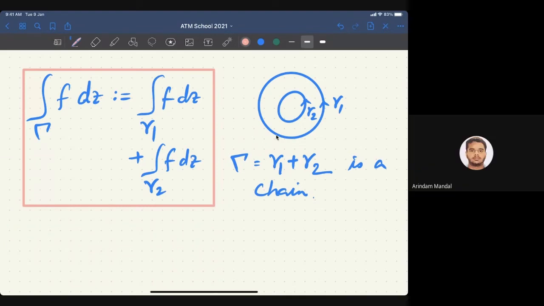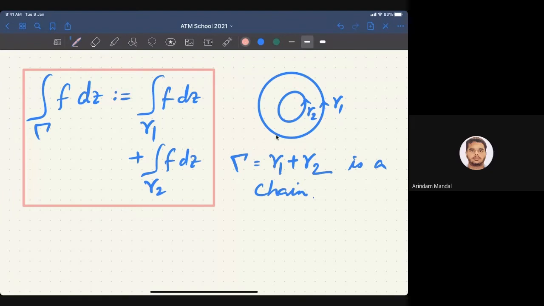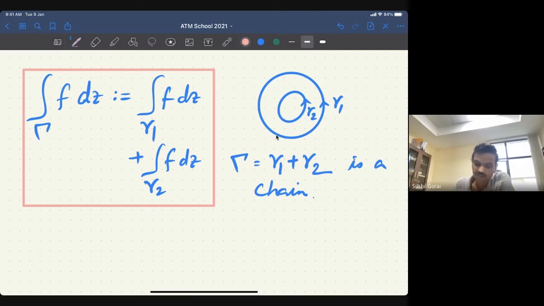Sir, gamma 1 plus gamma 2 itself has a different definition. So what is the different definition? There, there is a map from a closed and bounded interval to this path such that we can parameterize one half with gamma 1 and the other half with gamma 2, such that the endpoint of gamma 1 and the starting point of gamma 2 match. It doesn't match here. These two are distinct. Yes.